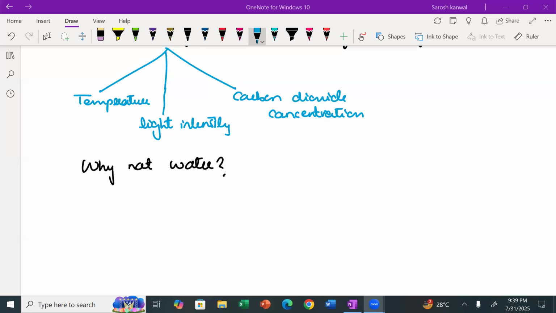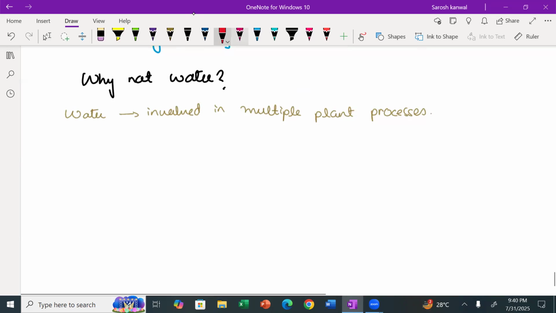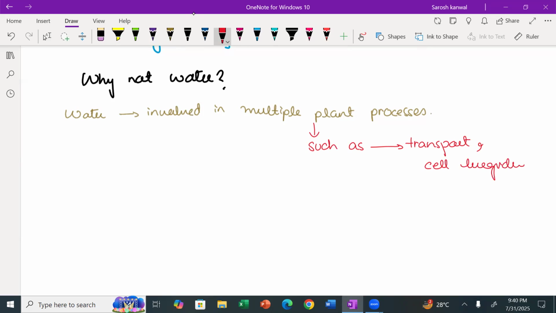The reason that water is not enlisted in the list of limiting factors is that water is involved in multiple plant processes, such as transport, and it could be a part of cell turgidity as well, right?